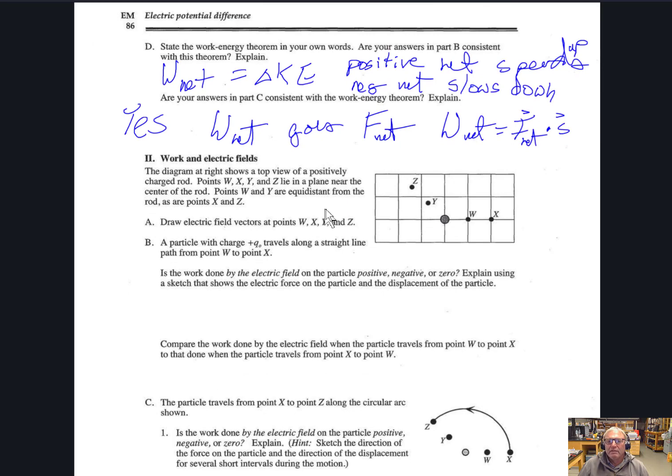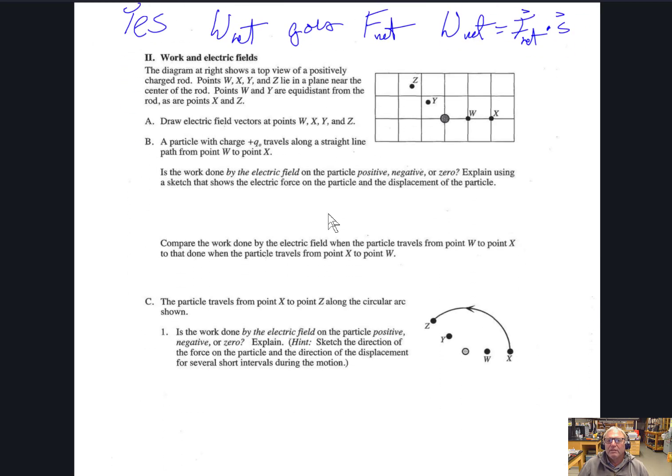Okay. The diagram on the right shows a top view of a positively charged rod, and a plane near it with the electric field vectors. So it's hard to do.